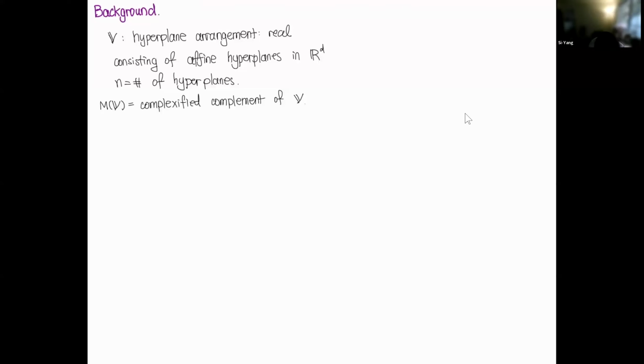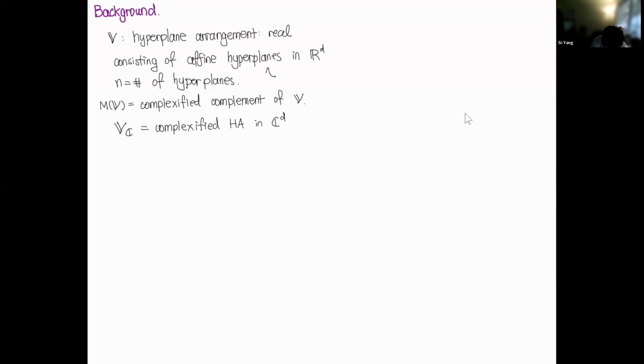Anyway, what do we mean by complexified complement? It means we take the complexification of these hyperplanes, like a complexified hyperplane arrangement, now not inside R^D but inside the complex vector space C^D.